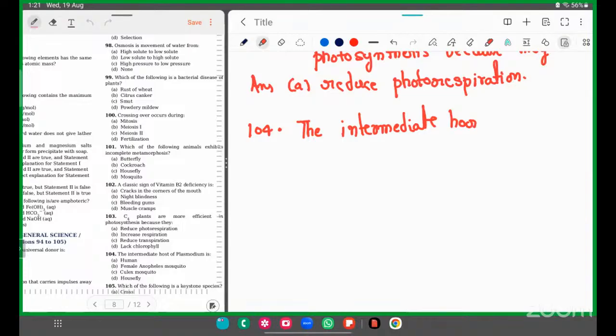So you know that plasmodium only happens in an insect. Generally, the mosquito.